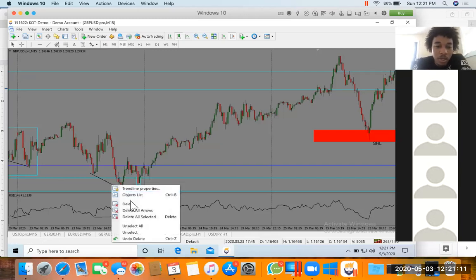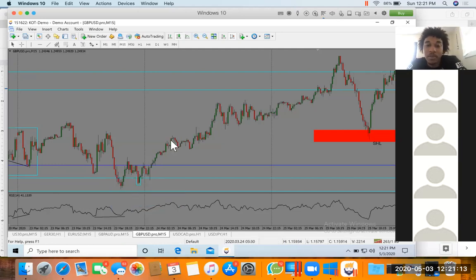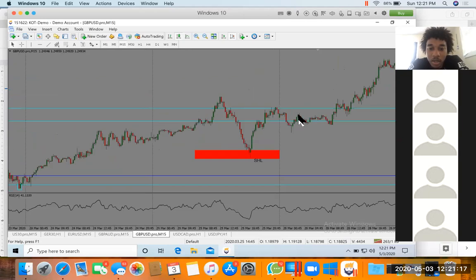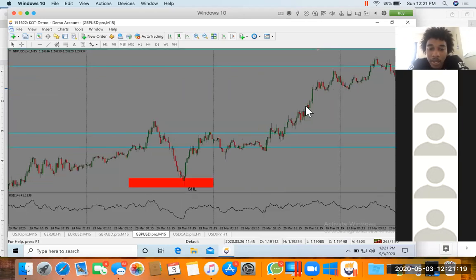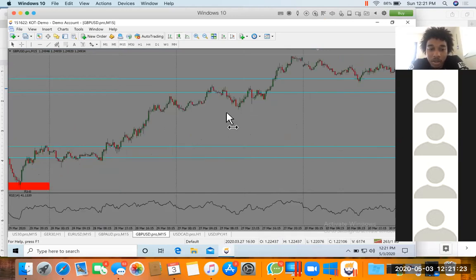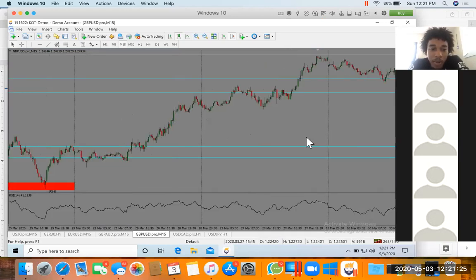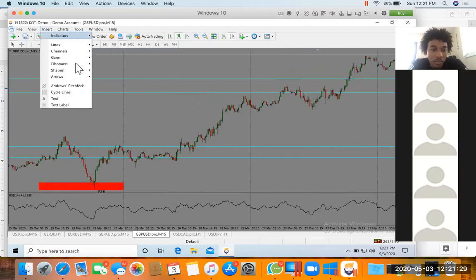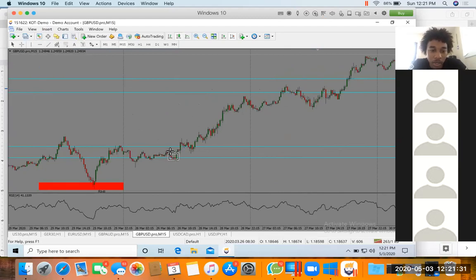But if you can master or at least have a pretty good idea of price action, you can enter at the best positions. You can catch pretty much anything. So my favorite form of price action, as some of you know, is engulfing candles.